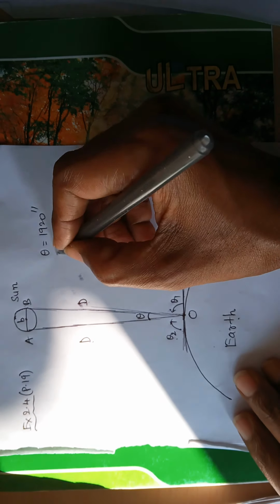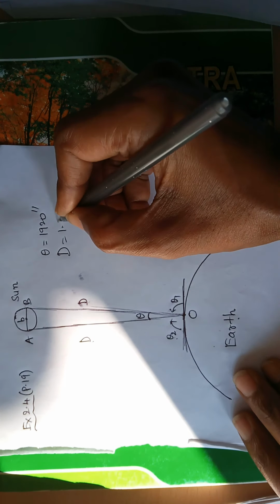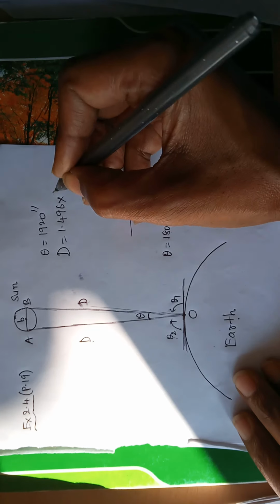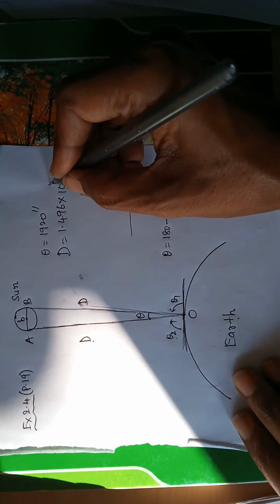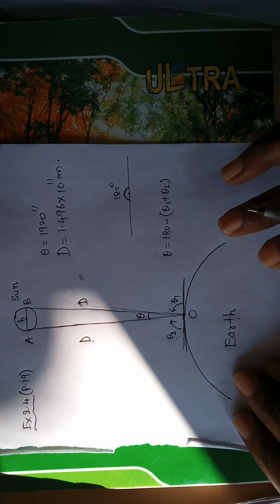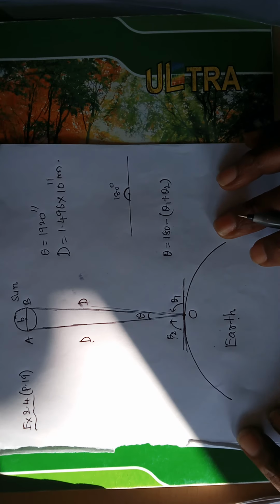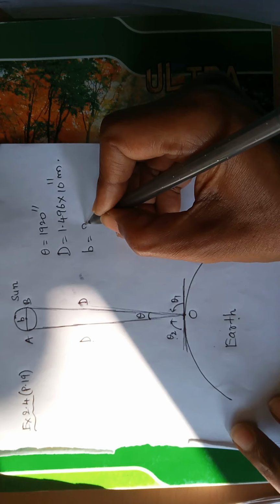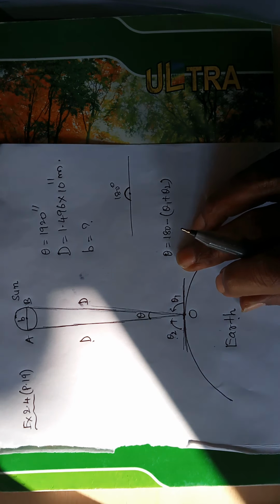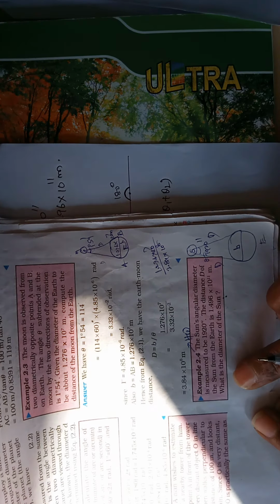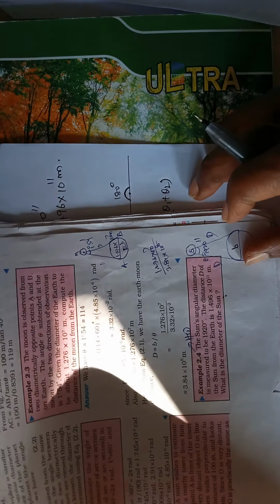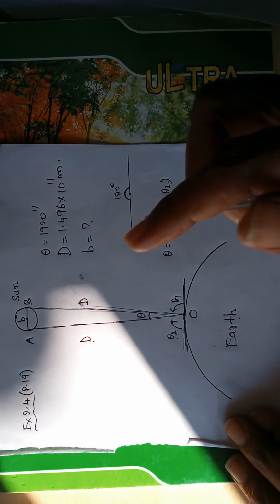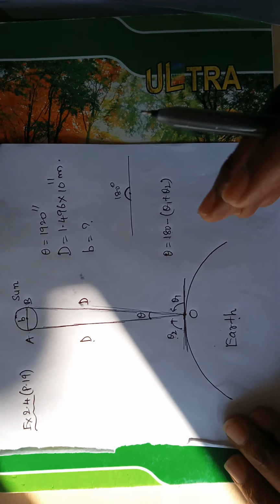Capital D is given. So you can easily find the B value. What is asked? Let us see. What is the diameter of the sun? That is asked.